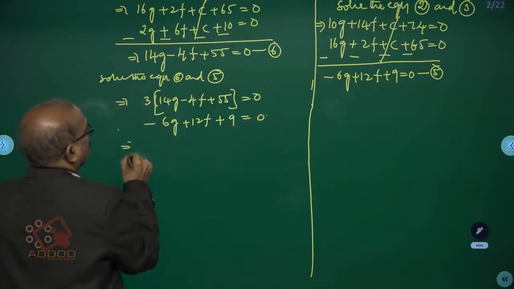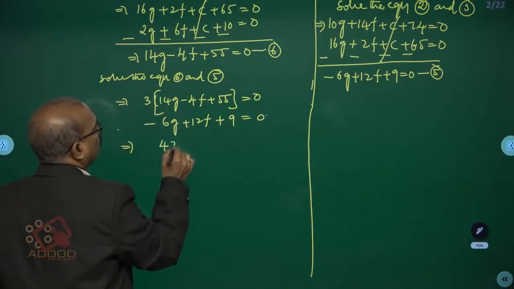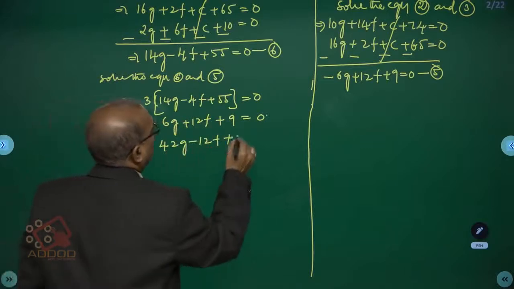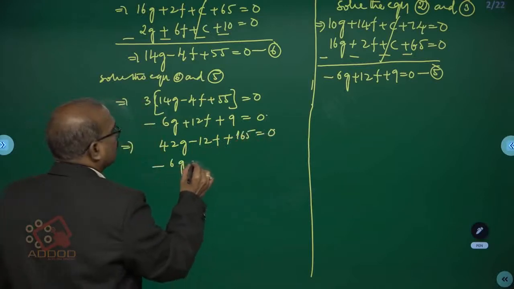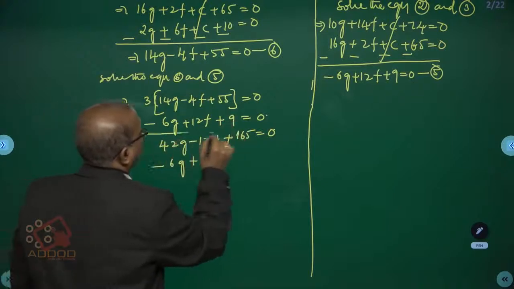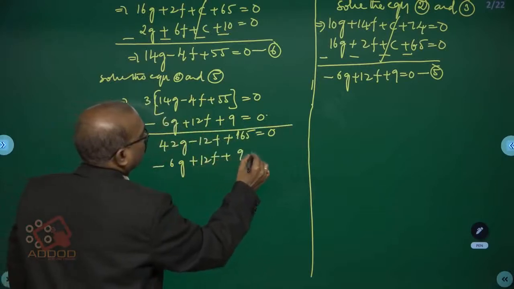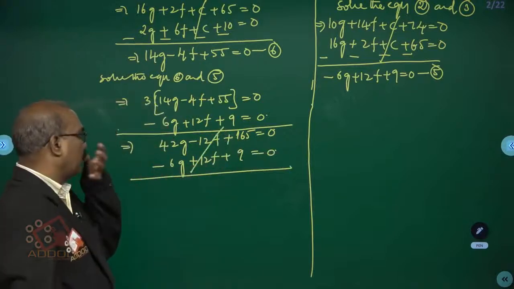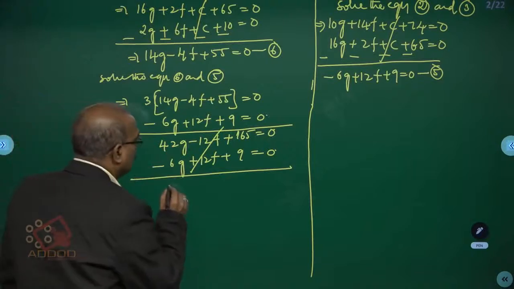So that is now 42g minus 12f plus 165 is equal to 0, and minus 6g plus 12f plus 9 is equal to 0. Now this can be cancelled. So now 42g minus 6g, that is 36g.